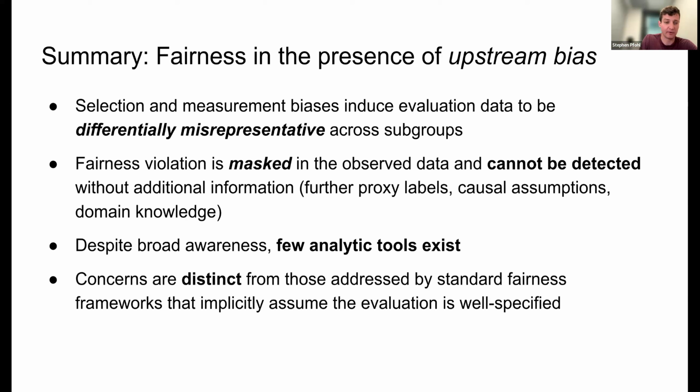That might be through further data, some form of causal assumptions or domain knowledge. And despite broad awareness of this general problem, there really are few analytic tools for understanding it. And these concerns are distinct from things we've discussed so far.